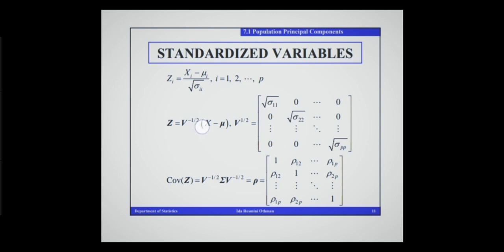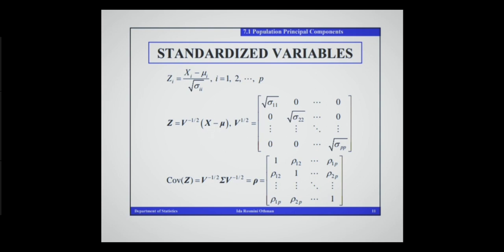We can also write z in matrix notation as V to the power of negative half, which means the inverse of the square root of matrix V, multiplied by the matrix of x minus mu.